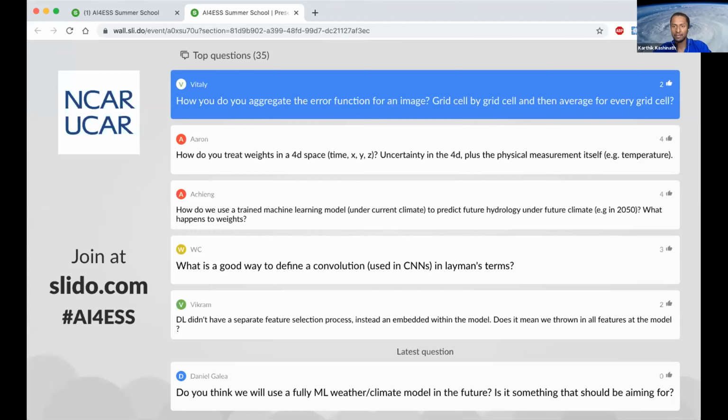Well, I could start, and then I'm sure there are many different answers. I wouldn't necessarily average because you could cancel out positive and negative errors, so that may not be the best idea. Part of what pooling layers do is essentially reduce the size, so hopefully you're not computing the error over all of the individual points.